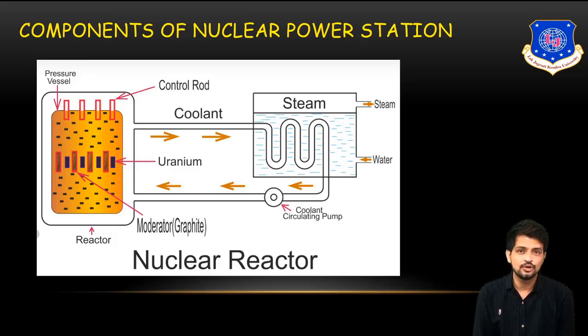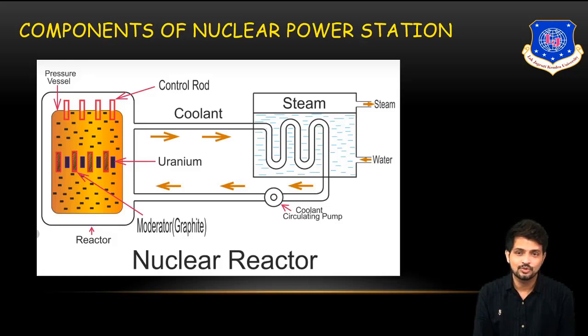As I have already told you, the nuclear reactor is used to generate the heat that is used for generation of the steam. Now, what is the basic function of the nuclear reactor? The nuclear reactor is basically used to control the chain reaction, and it is used to generate the heat that is used for the production of the steam.